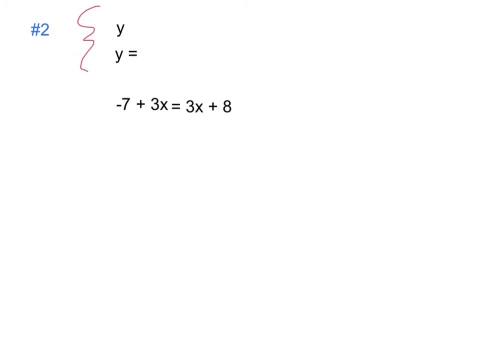And we can solve now for the value of x. So let's subtract 3x from both sides, and I'm left with negative 7 equals 8. Now, is this statement true? No. Will it ever be true? No. So this system of equations actually has no solution.